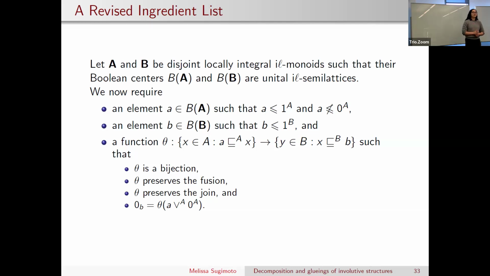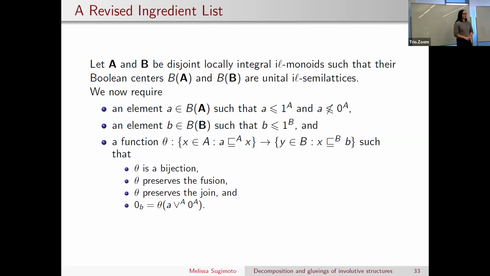I'm not entirely sure whether this is always true or not. I suspect not, which is why I'm forcing it to be there. But I think it's very nearly true. This is not really a technical term, but the Boolean centers are almost nice, is my suspicion. But in any case, we require the Boolean centers to be nice. We need them to be unidal IL semilattices for the construction that I've done.